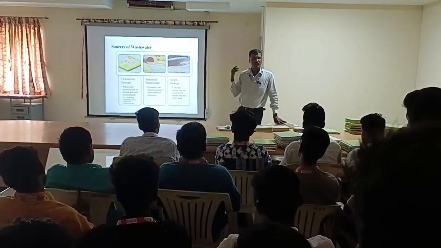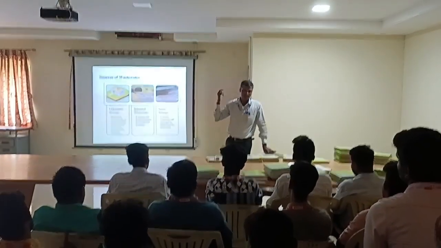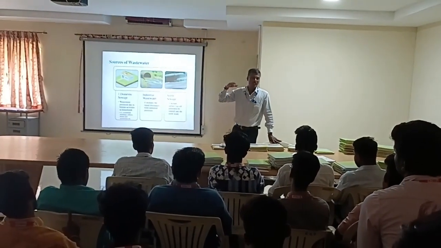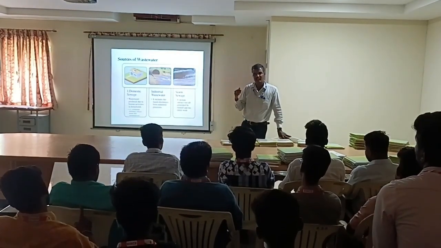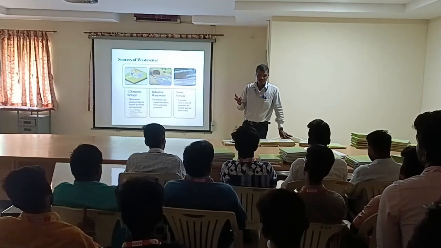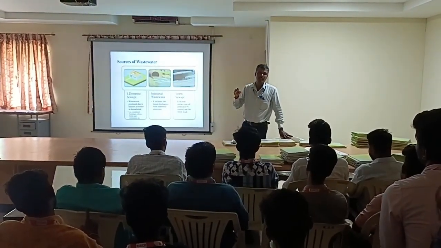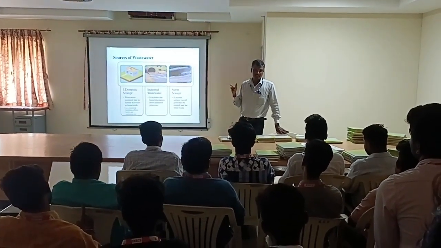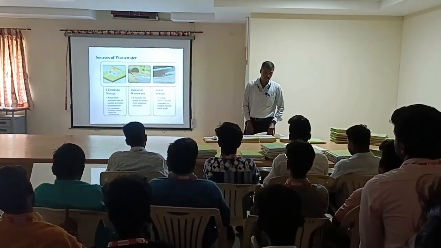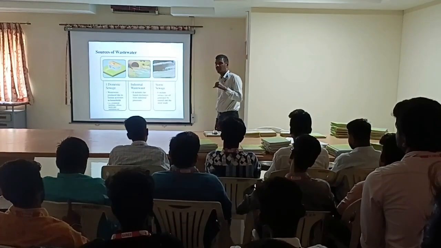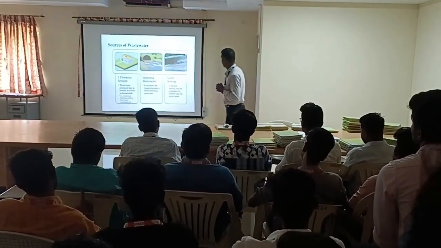The wastewater is from the hostels, when you take a bath in the morning and come to class, and the wastewater generated from the mess, washing utensils and preparing food. This is institutional wastewater. The wastewater generated from offices and hotels also comes under this category, domestic sewage.